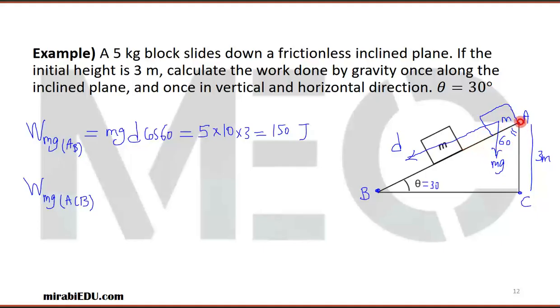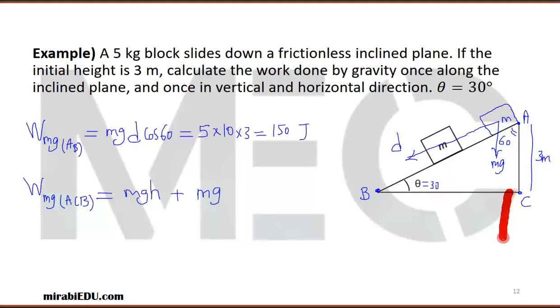Now, in the path AC, the direction of displacement and force is the same, the angle is 0. So it will be mg times height times cosine of 0, which will be 1, plus, in the horizontal path CB, the direction of displacement is to the left.